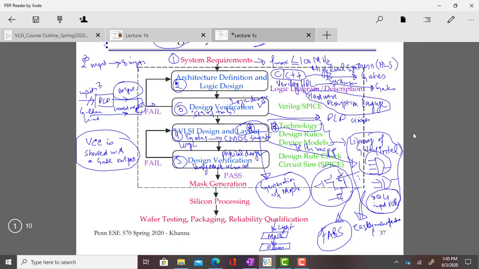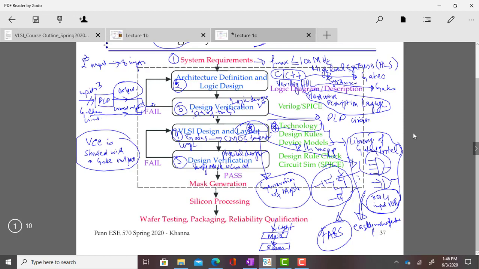If the output of your gate is connected to VCC in the mask, this means that the output of the gate will always be high. So this is wrong, because in that case the inputs to the gate will be useless. So this is an example of a fault in the mask. You verify that all these kinds of faults do not exist. This is called design verification at the 5th stage.